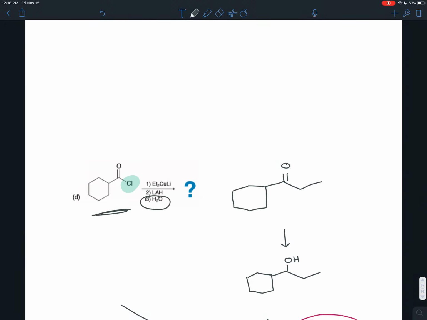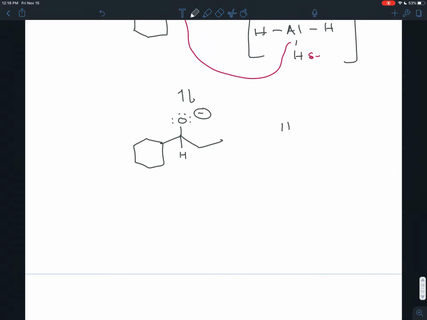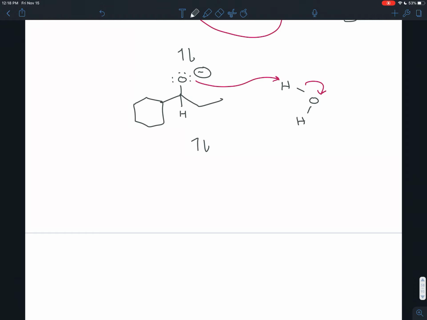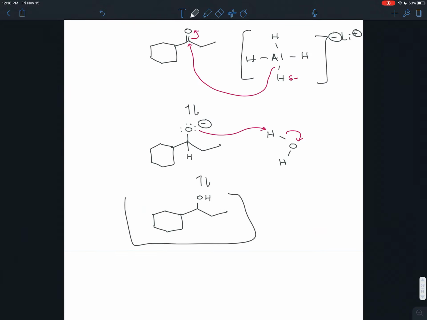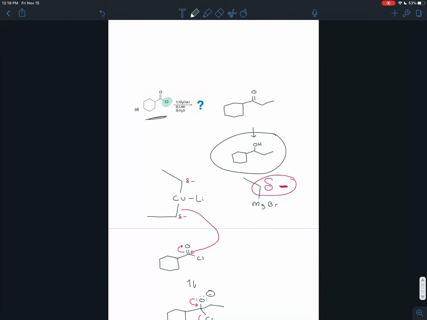So our third step is water, and what that's doing, as in the previous reactions, is just putting a hydrogen on that oxygen to stabilize the charge. And so you end up with the alcohol. And that's what we predicted above, this molecule here, in our synthesis step.